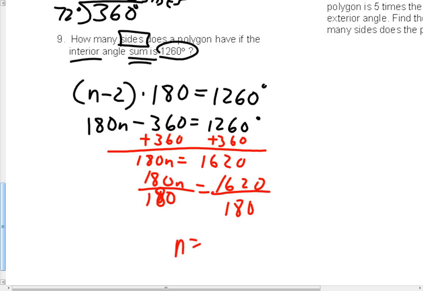Does that work out evenly, hopefully? 9? 9 what? We're looking for sides. You have a built-in check here. If you put in 9 into here and you don't get 1260, something went wrong.